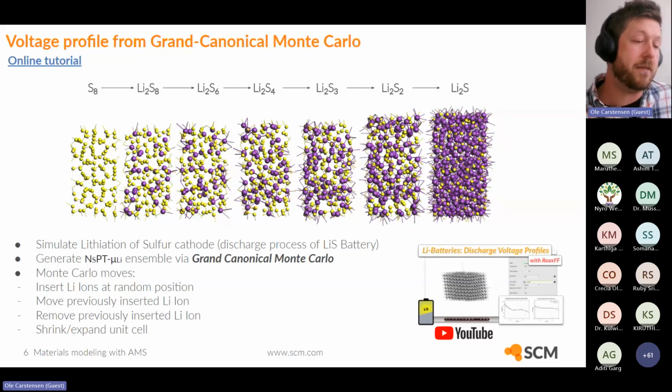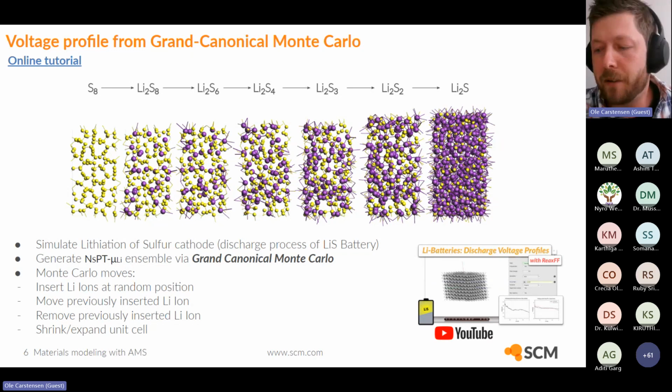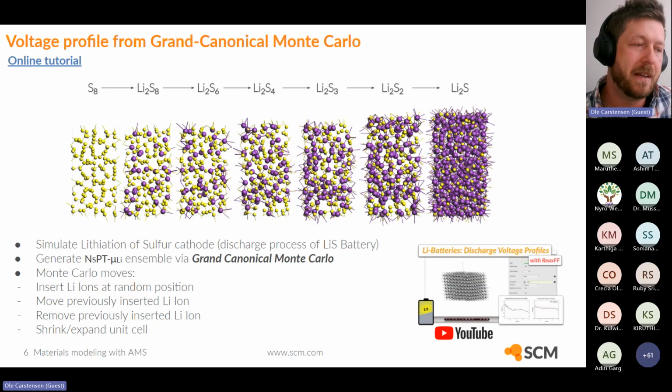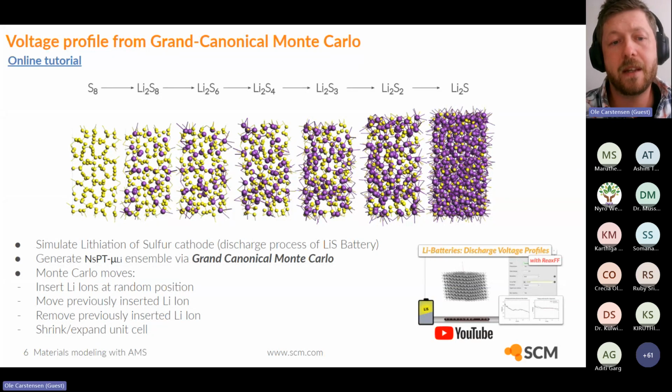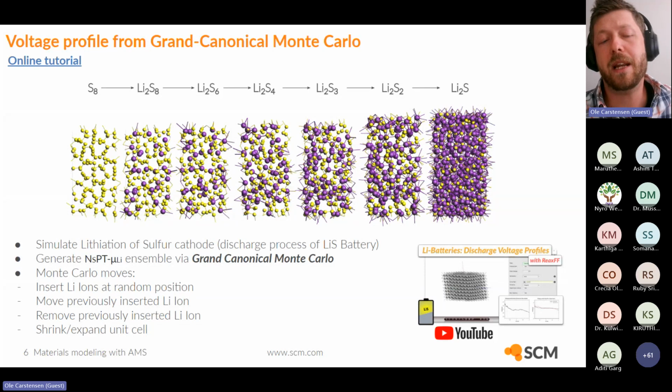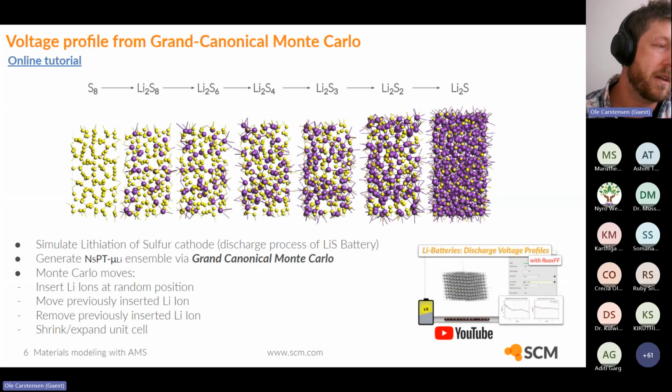So this ReaxFF force field we can apply to all sorts of materials modeling problems, but since our objective here is battery modeling, we'll have a look at two applications of ReaxFF to batteries. The first one is the calculation of a voltage profile with the help of a grand canonical Monte Carlo simulation.